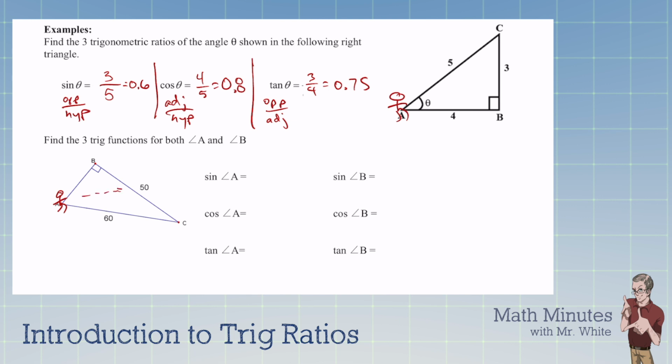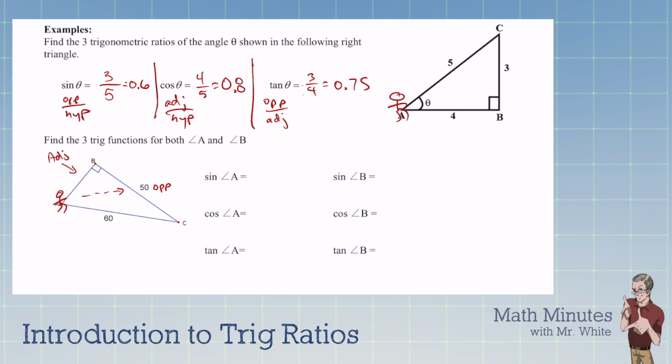So this one right here would be our opposite side, okay? And then this one over here is our adjacent, but we don't know the adjacent side. So the first order of business, I think, is maybe to figure out that adjacent leg.